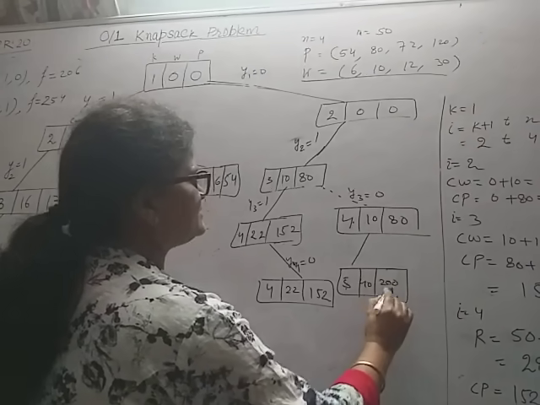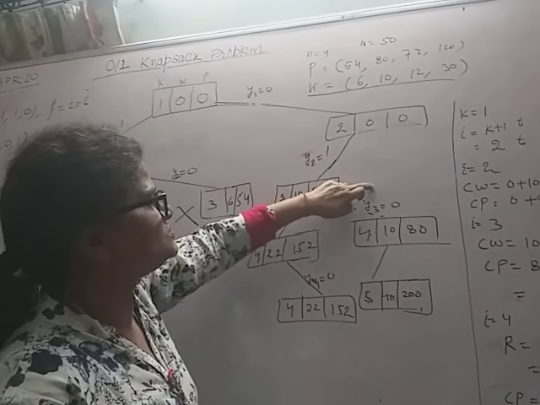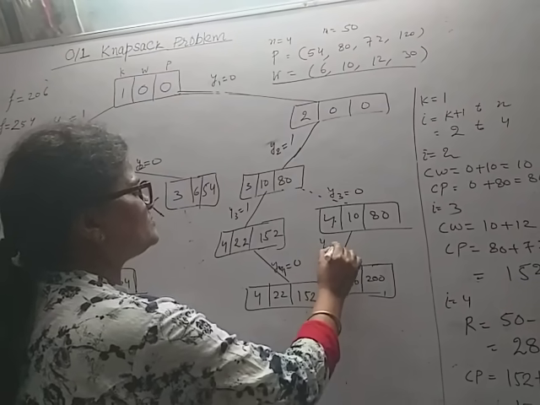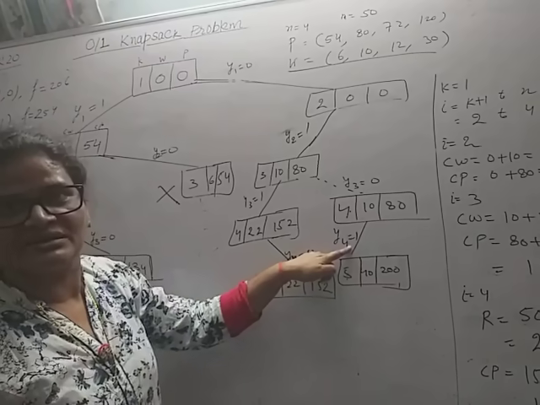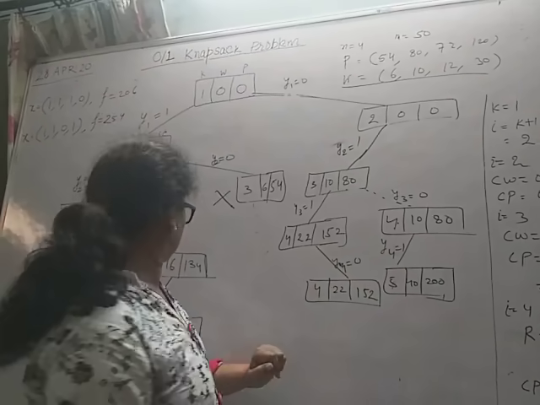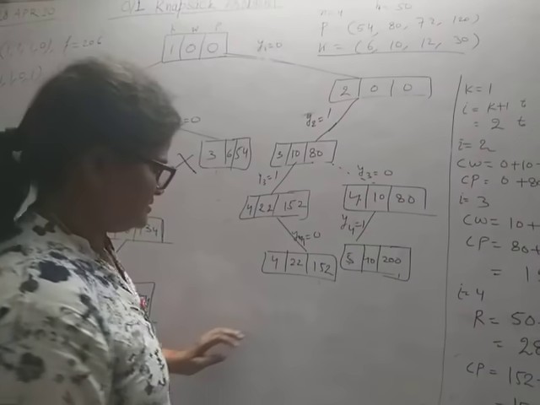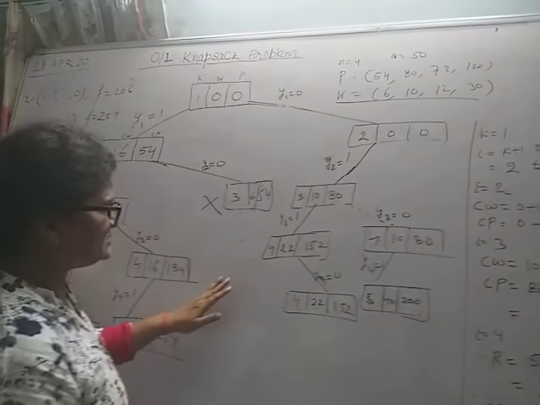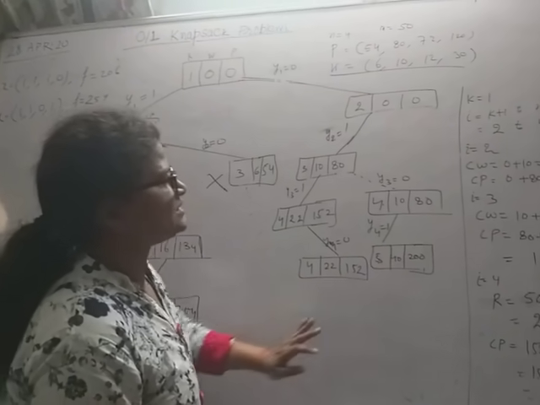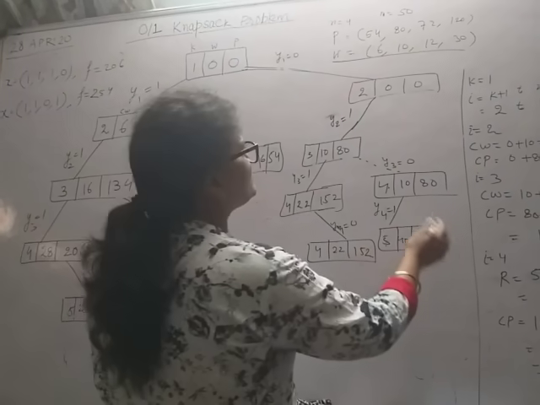Again this is less than that. So this is another 0, 1, 0, 1 with y4 equal to 1. This is another solution vector, but all these are leaf nodes. Now y4 equal to 0.